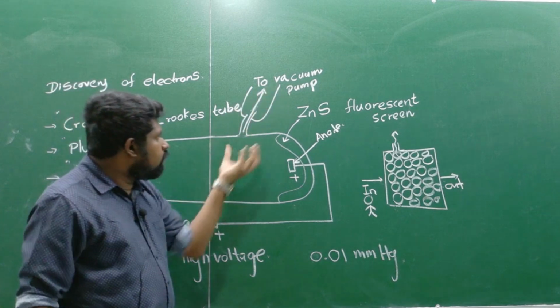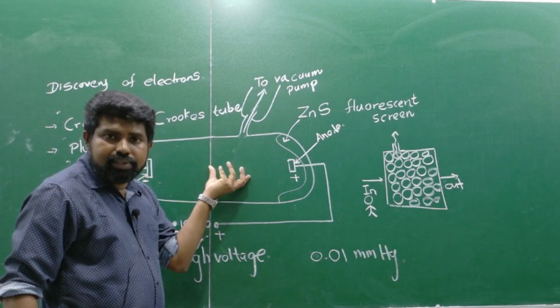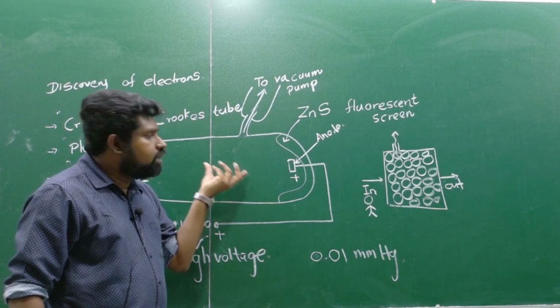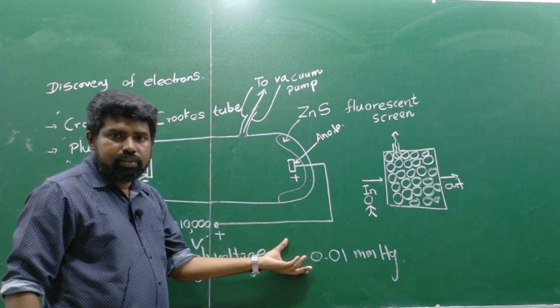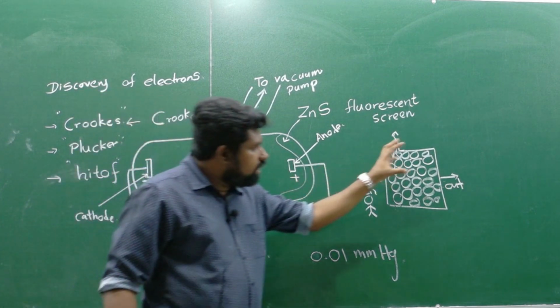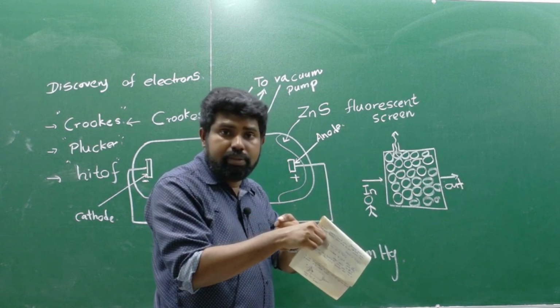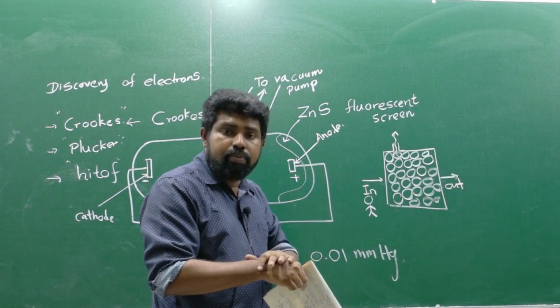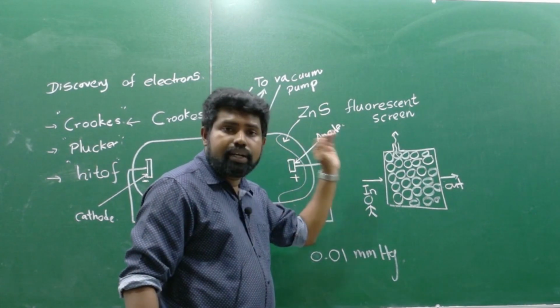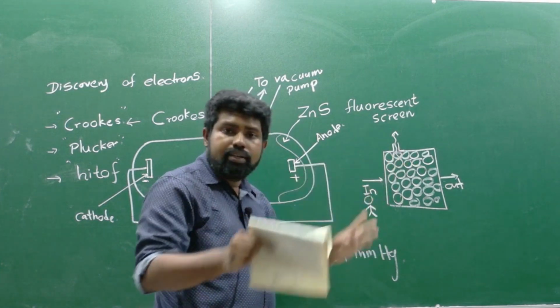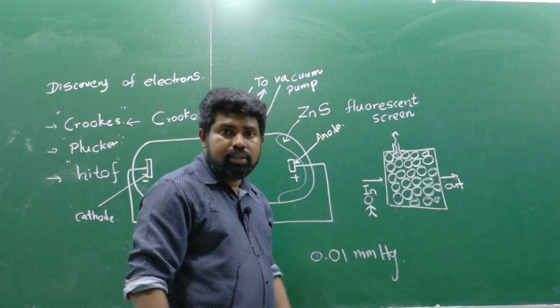The vacuum pump evacuates the gas particles inside the tube, therefore the pressure reduces. As we know, when there is a high number of particles, there is a high pressure. When we remove most of the particles, the remaining particles can stay at some distance, so the pressure is low.